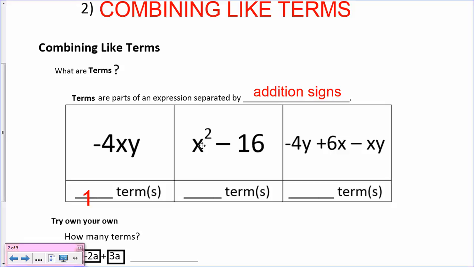That is actually two separate terms. X squared is one term, and negative 16 is another term. Not just 16, it's negative 16, because I could rewrite this as x squared plus negative 16. In fact, I'll do that underneath.